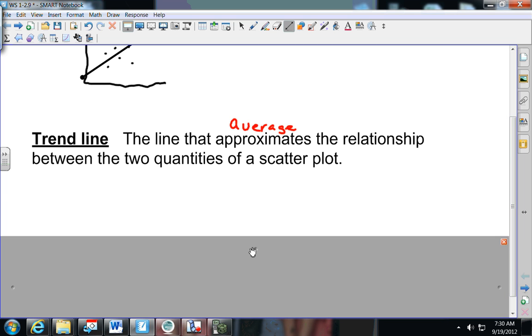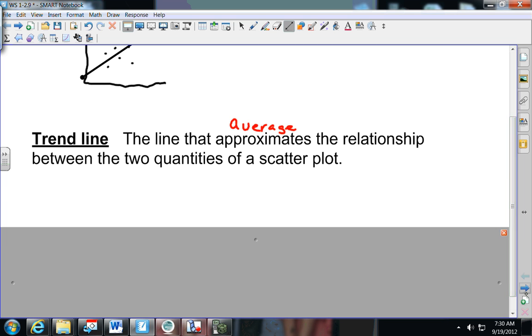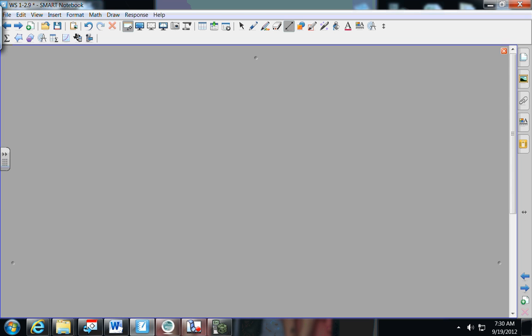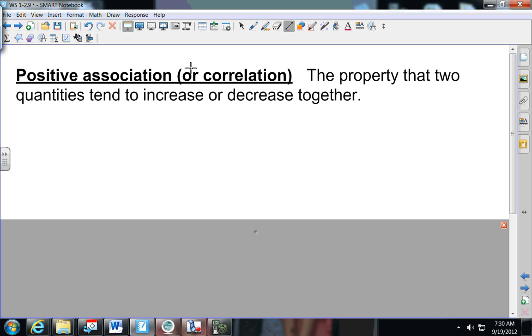Now, I think that's it on that page. All right, so one of the types of trends that you can have is a positive association. Okay, so I would draw this right here on your paper. A positive association or correlation is the property that two quantities tend to increase and decrease together.